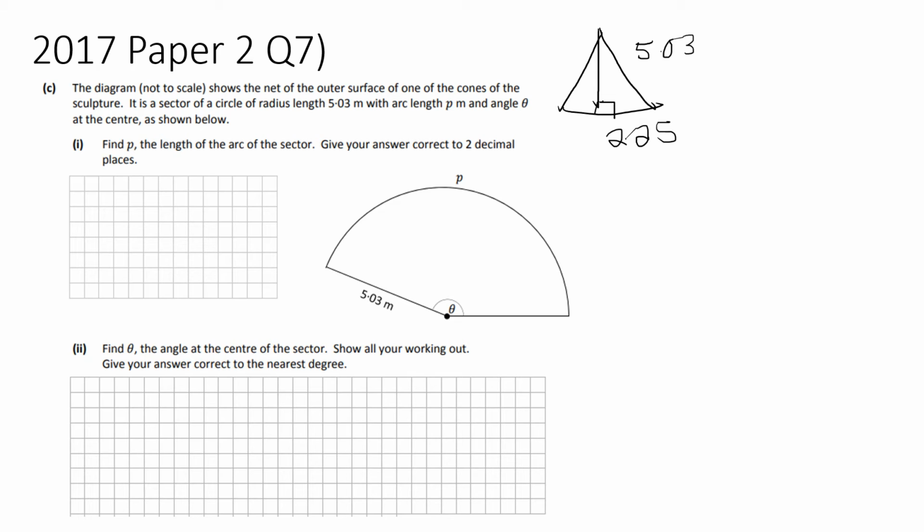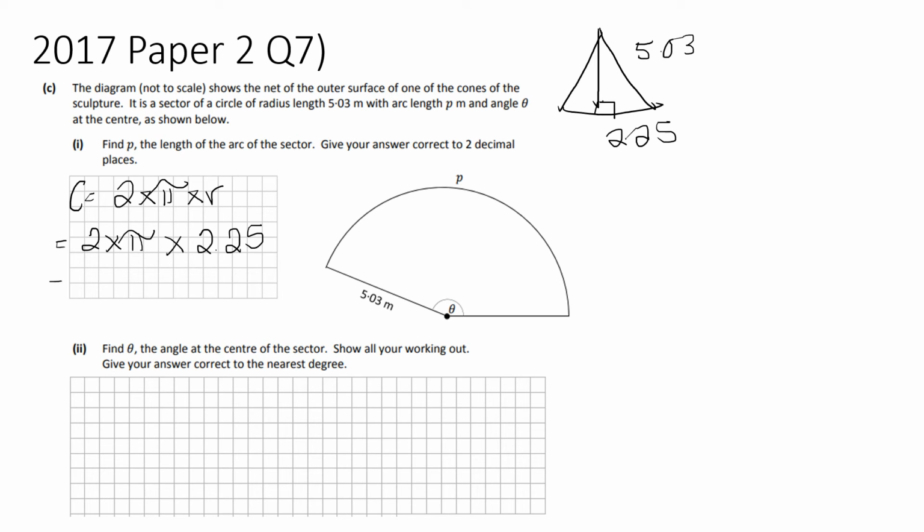So you're trying to find the circumference all the way around. Circumference is equal to 2 pi r. So 2 goes in, pi goes in. The radius is the confusing part. The radius is actually 2.25 here. Don't use the 5.03. That is the slant height. Loads of people will make a mistake with that.